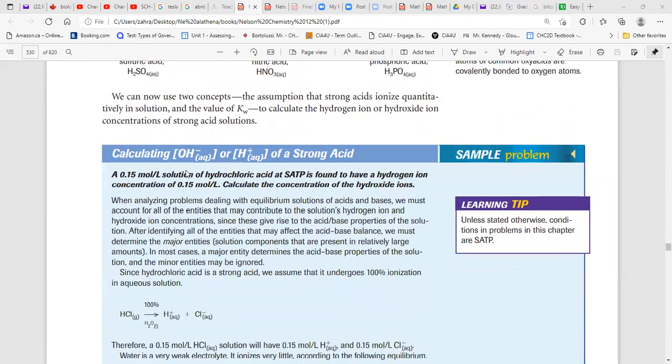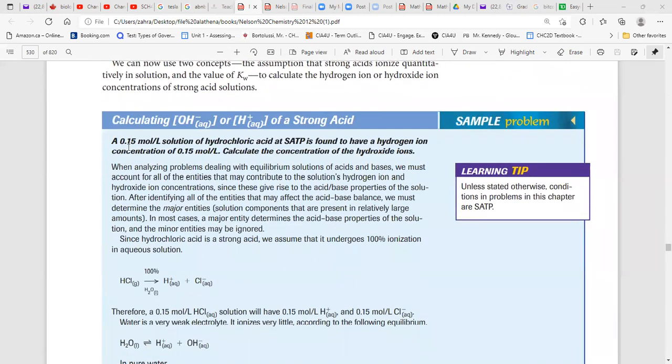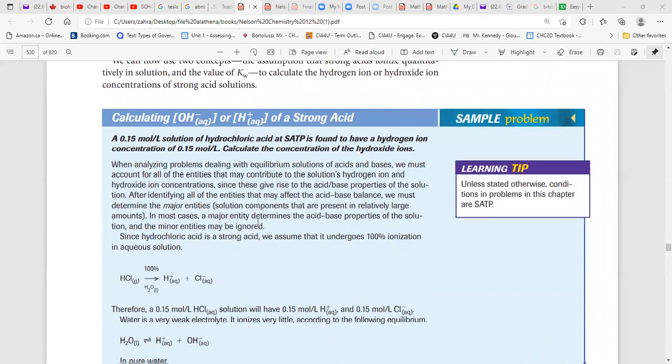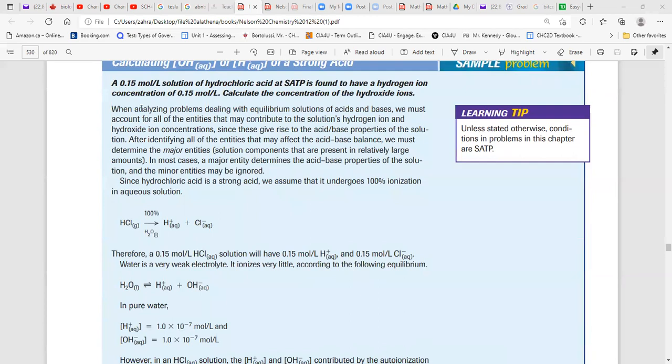Let's just do a question here. A 0.15 mole per liter solution of hydrochloric acid is found to have a hydrogen ion concentration of 0.15 mole per liter. Calculate the concentration of hydroxide ion.